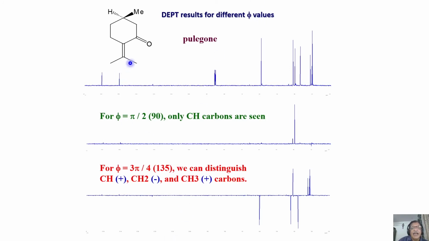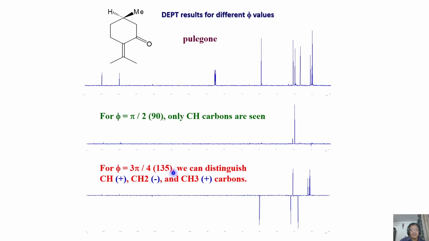Please remember that. A simple example is one molecule called pulegone. This has got CH, CH2, CH3 carbons. Look at this. This is the normal spectrum. This is DEPT 90. You see only CH carbons here. All other carbons are efficiently suppressed. Nothing else is there.